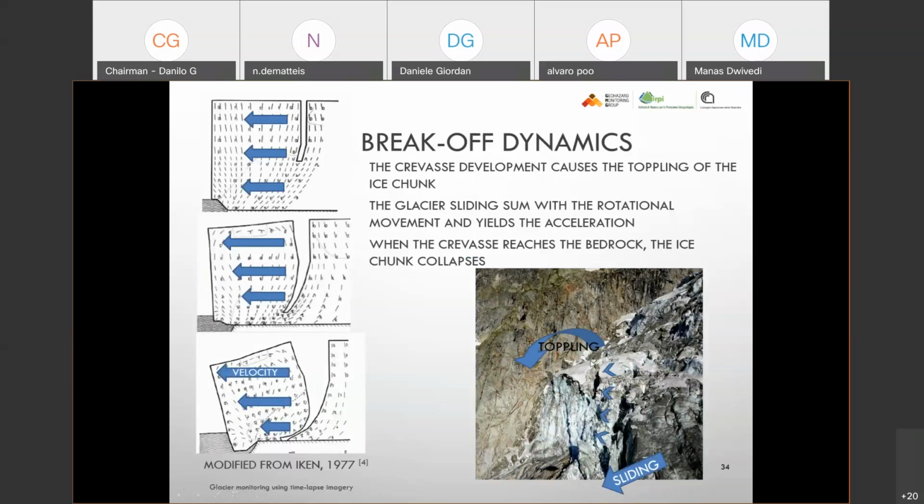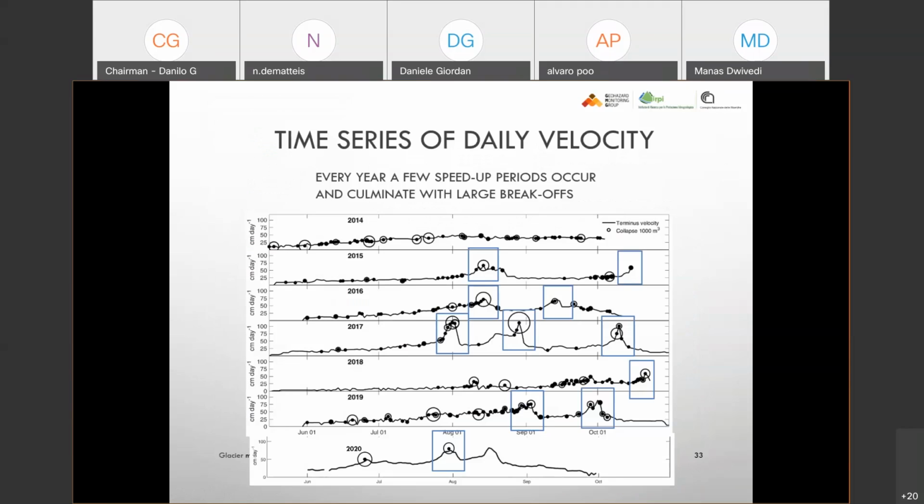This toppling occurs because a crevasse develops above this portion, and when it reaches the bottom of the ice, when it reaches the bedrock, the ice chunk collapses. This is the dynamics that describes this behavior of the velocity of the glacier.